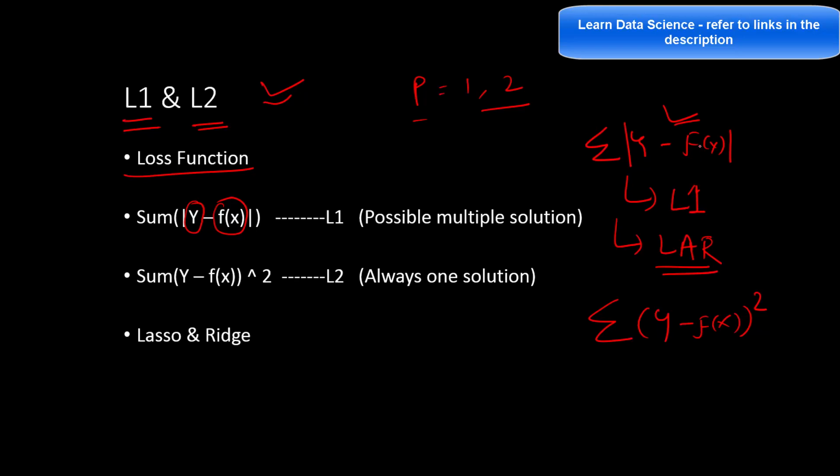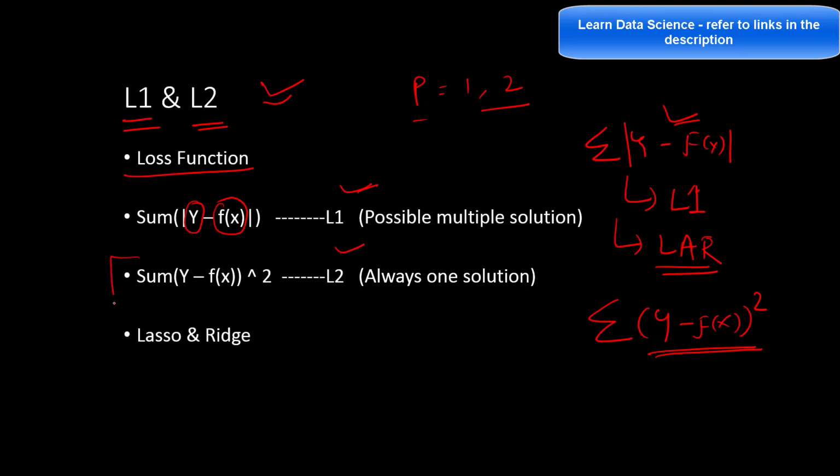Otherwise, they will cancel out and tend to be 0. Whereas here we are squaring the error terms before adding them up. It is just a difference in which we are making all the errors positive. The first one we call the L1 loss function, the second one we call the L2 loss function.